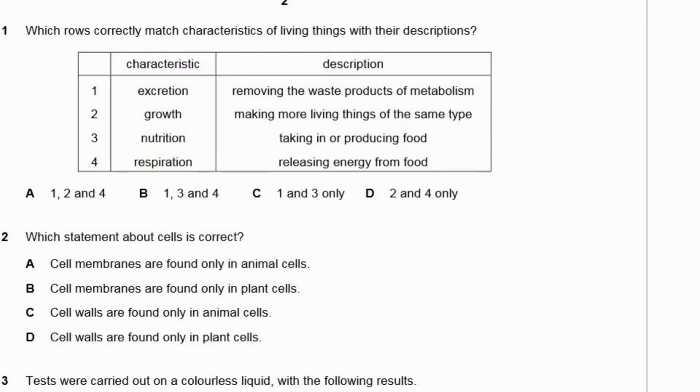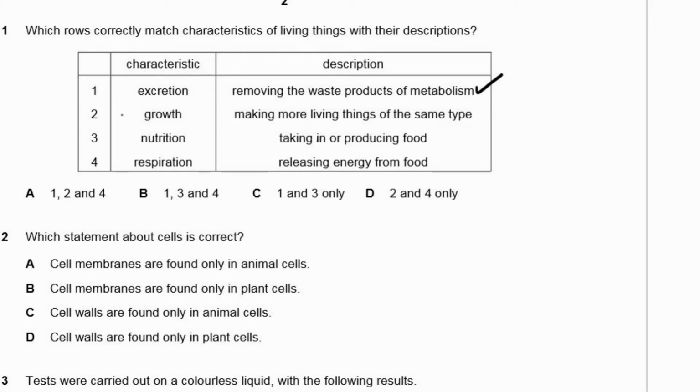Question 1. Which rows correctly match characteristics of living things with their descriptions? For this question, you don't need to know the characteristics because you're given them. You just need to know whether the definition that they're giving you is the actual definition. Characteristic 1, excretion. Is excretion removing the waste products of metabolism? Yes.